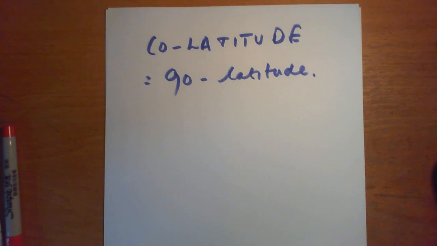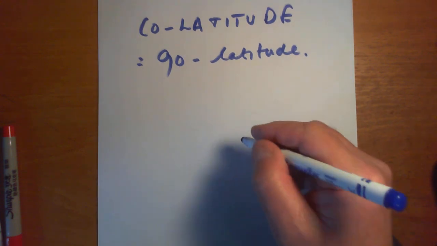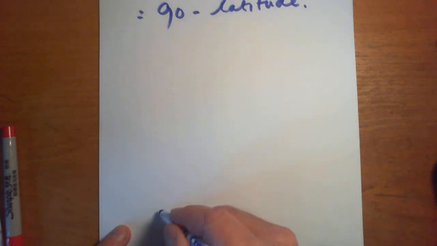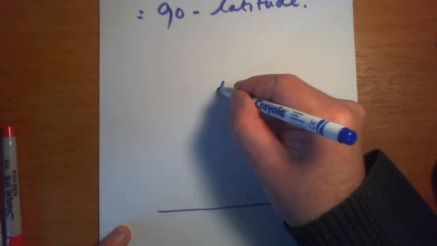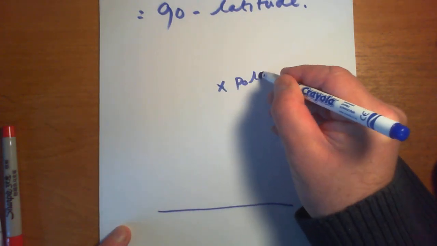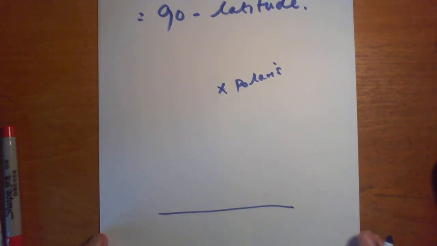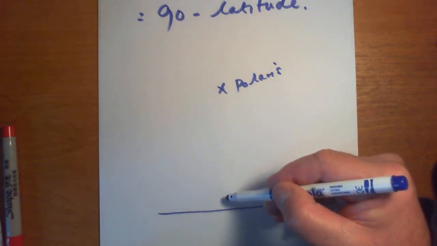So a standard way to start would be, I'll use the same paper. That's the horizon. This is the North Star. Now, what is that altitude?